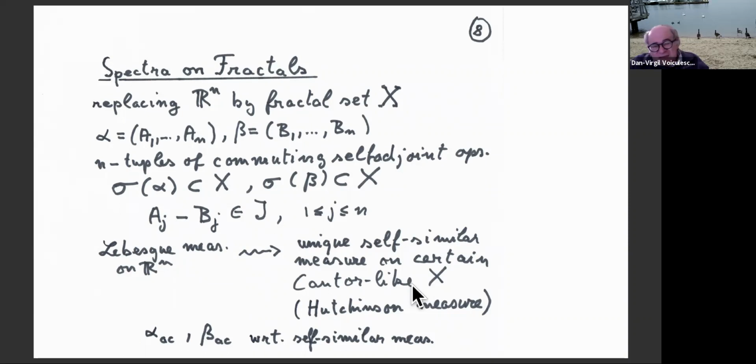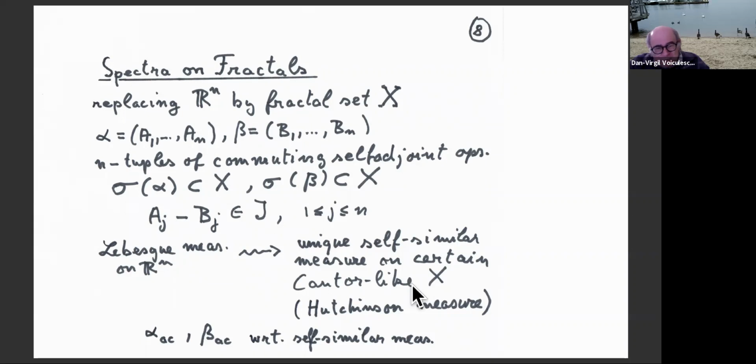So I'm having alpha and beta, two N-tuples of commuting self-adjoint operators. Usually the spectrum of these two is contained in Rn. Now I'm replacing Rn with a fractal set. So I'm having these two N-tuples, alpha and beta, and their spectra are contained in this fractal set X. And then the differences, alpha j minus beta j, are in a certain normed ideal I.